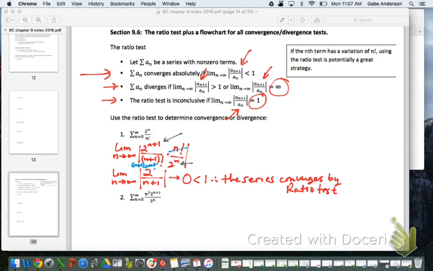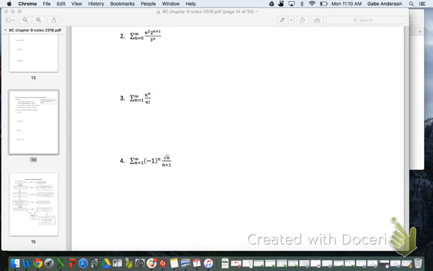Okay, so there is example number 1. Let's take a look at example number 2. All right, in example number 2, we're going to set up the same ratio. So limit as n goes to infinity of, we're going to write n plus 1 in place of all the n's.